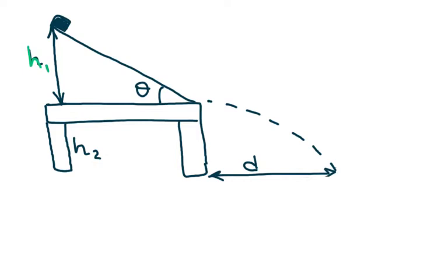And by the time the block is striking the ground, it has some kinetic energy. So the mechanical energy of the block is going to increase by the time it hits the ground. So the total mechanical energy of the system containing the block alone will increase as it moves from the top to the bottom until it hits the ground.